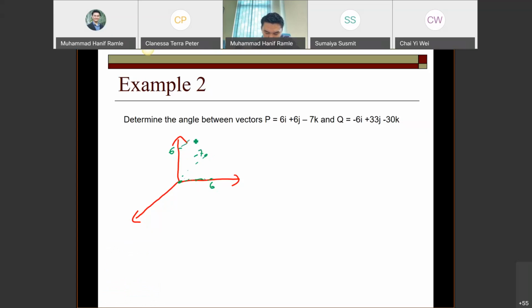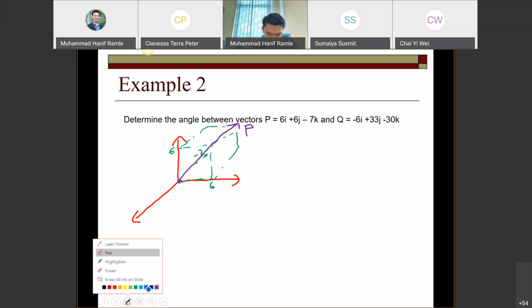So your vector should be like this, from here to here. This is your P. And then for the Q, we have -6 here, for example, plus 33 is here.